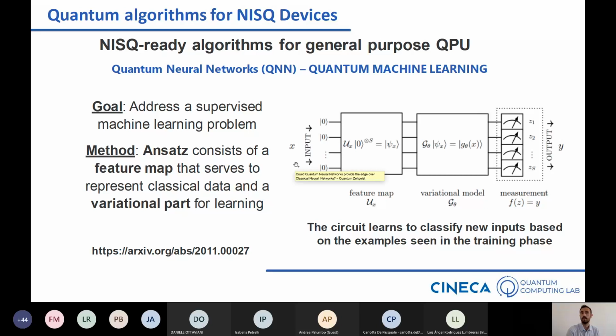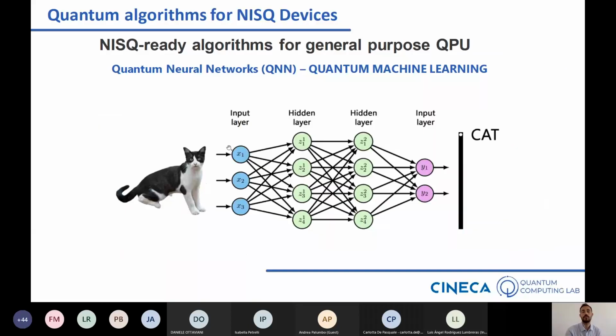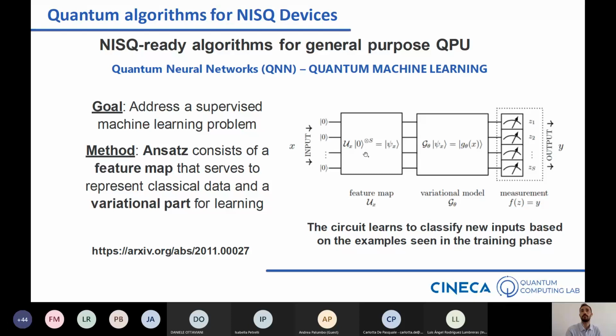For example, if your input x has n elements, say the picture of your cat has 20 features, so the vector that represents your cat has 20 elements, it gets mapped into the state of 20 qubits, whose dimension is 2 to the 20. That is larger than the classical input space.